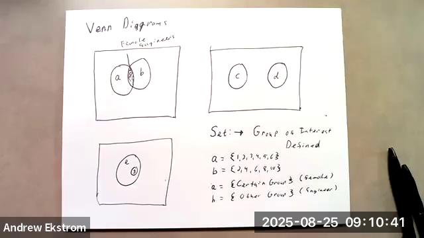Okay. If we're looking at group A and group B being the numbers that I've got here, this overlap area is going to be everything that these have in common. So if I look at 1, 2, 3, 4, 5, 6 versus 2, 4, 6, 8, 10, what do they have in common? They both have a 2, they both have a 4, they both have a 6. Okay.